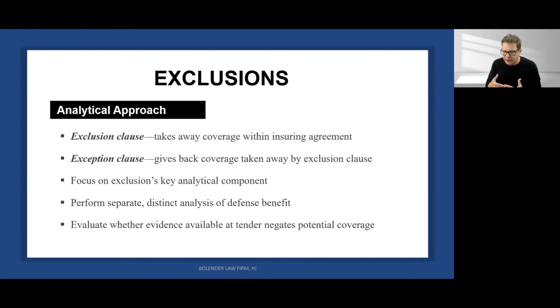Now, in my experience, insurance companies quite often cite exclusions prematurely. Okay? Now, why is that? Many exclusions will apply, if at all, only to the duty to indemnify, and only after liability and damages have been proven at the end of the case.